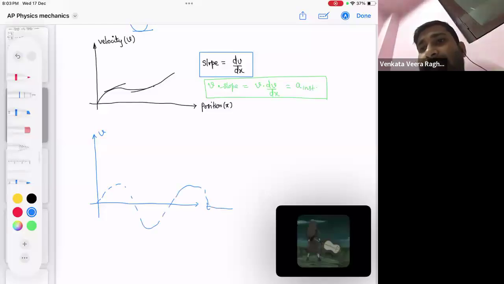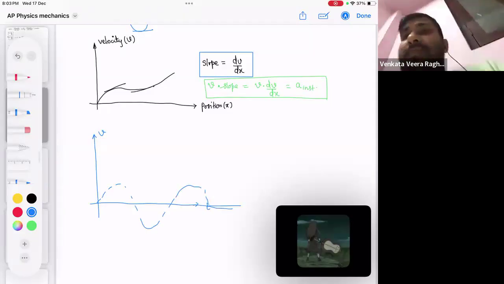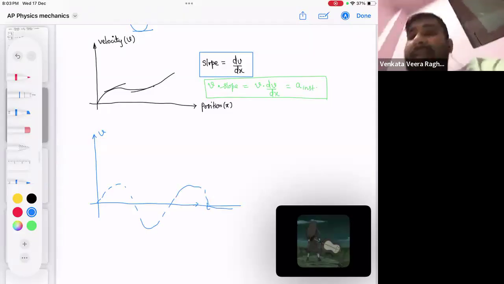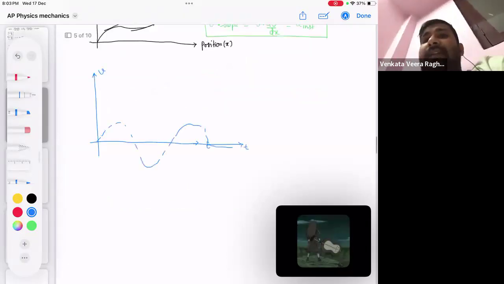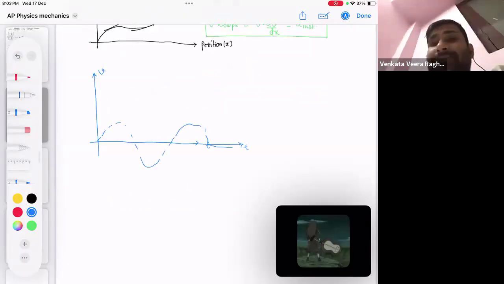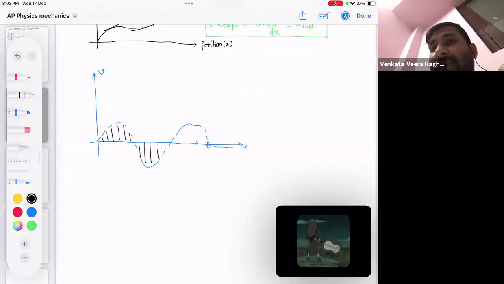The slope represents the acceleration, we know that, because it is dv by dt. But we want to know what the area is representing. This is an area, this is also some area, isn't it? So tell me, what is the area representing?